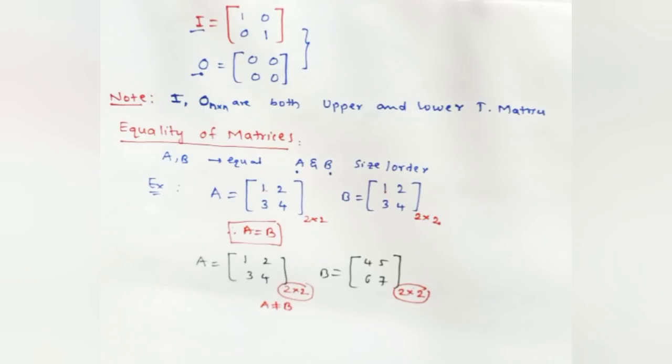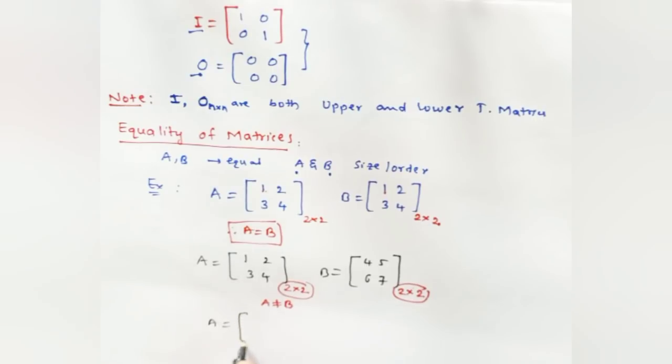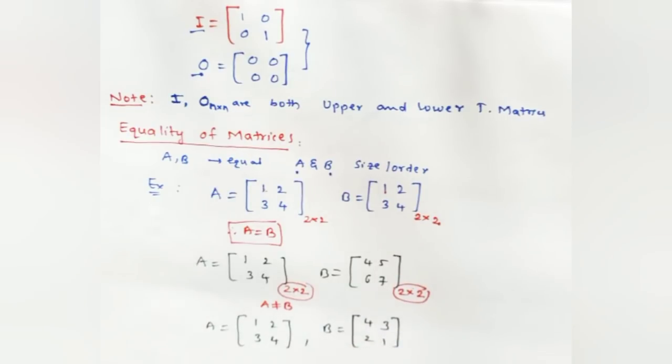Okay, consider one more example. Here A is equal to 1, 2, 3, 4, and B is 4, 3, 2, 1. Are these two matrices equal or not? Observe the matrices. Here A is a matrix of order 2 and B is also a matrix of order 2.